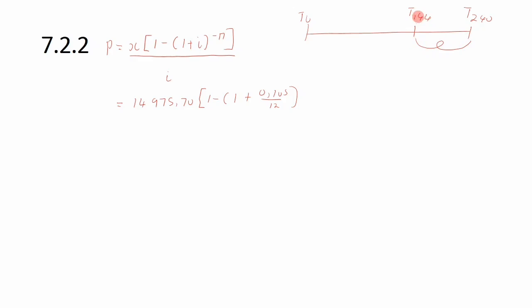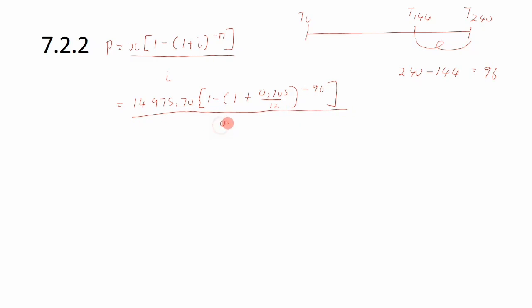So how many payments are there after he has made the 144th payment? So we have to say 240 minus 144, and then we get that his outstanding payments are 96 payments. So this is what we're going to substitute here. So this is negative 96. That indicates that he is only left with 96 payments up until the end of the loan period.